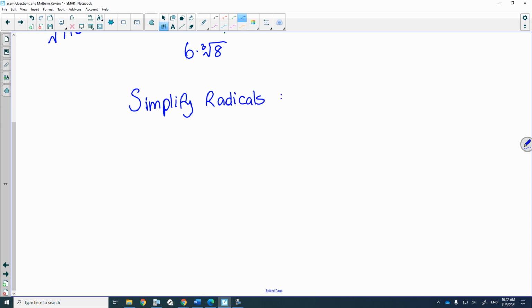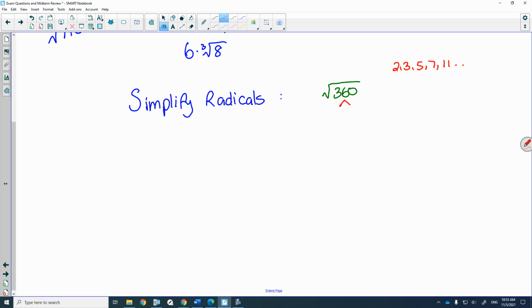For example, if I say simplify the square root of 360, how we did that is we rewrote it as a product of the prime factors. So remember the prime factors were 2, 3, 5, 7, 11. You take whatever number I give you and you start dividing it by its lowest prime.